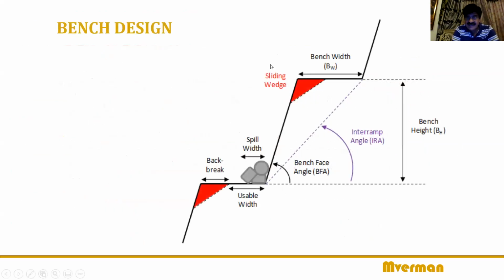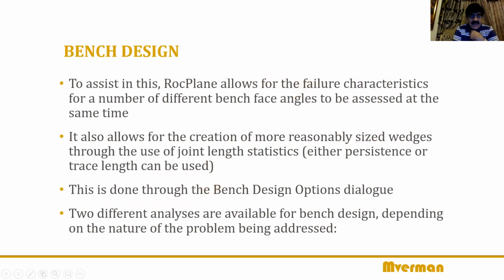Now, there's a bigger picture available here. Anyway, I've tried to explain this. To assist in this assessment, RocPlane allows the failure characteristics for a number of different bench face angles to be assessed at the same time.